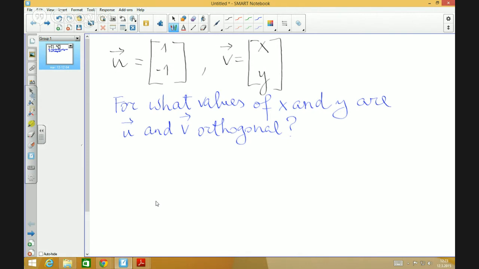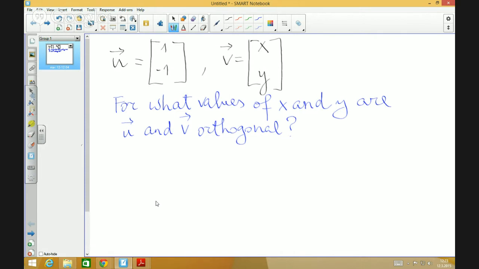So orthogonality of vectors has got to do with one of the operations over vectors that we introduced last time around. And what operation is that? The dot product, as one of your colleagues is saying here. Two vectors are orthogonal if and only if their dot product is equal to what? To 0.